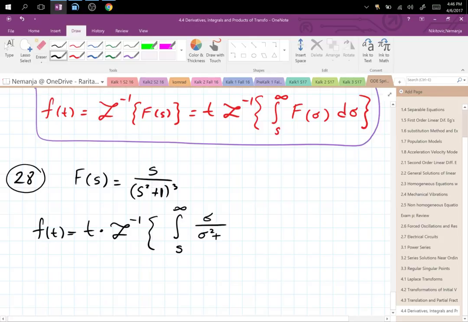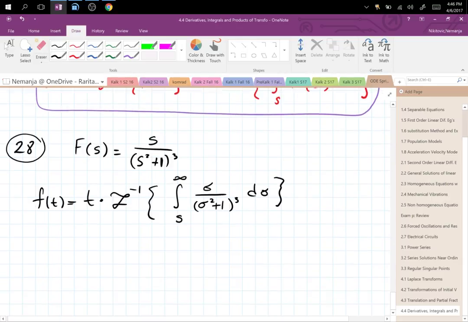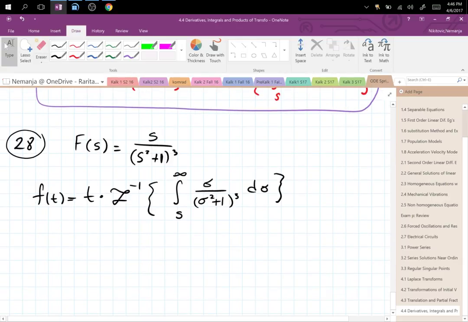They like the sigma variable here, so tough luck, right? Gotta learn how to write that one. And all you need to do is to integrate that u sub, right? So u equals sigma squared plus 1. du is 2 sigma d sigma.